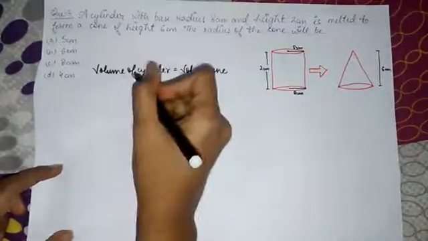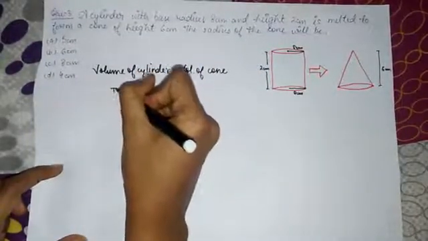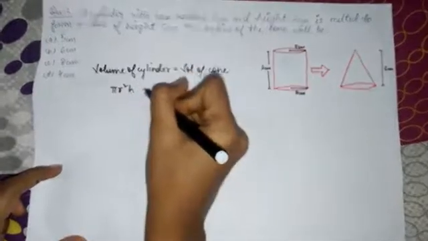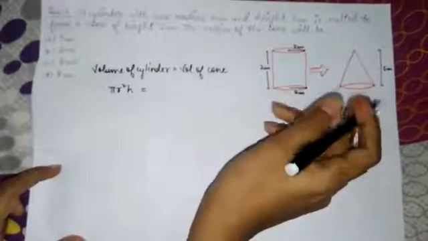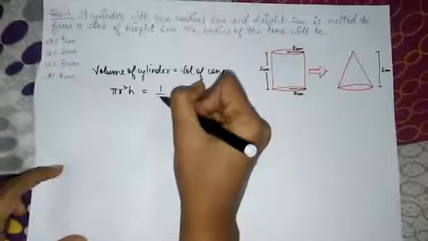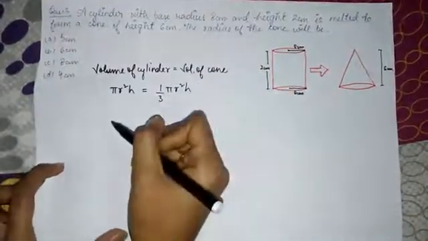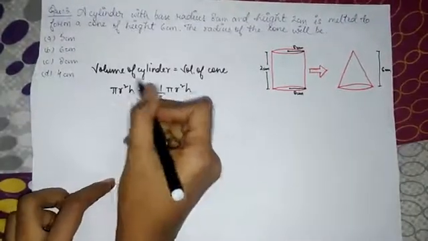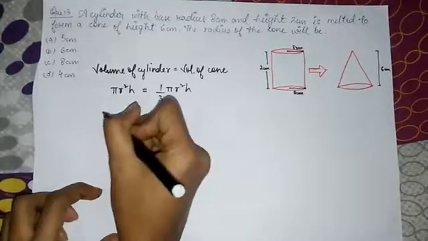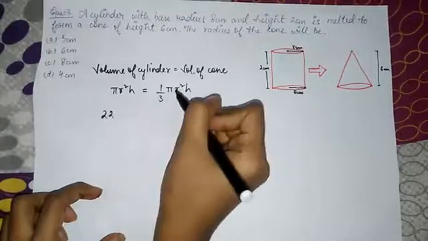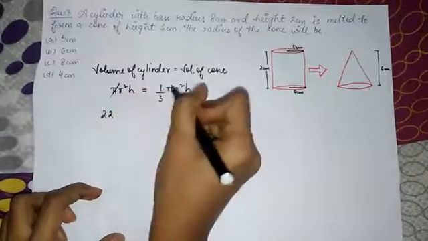So volume of cylinder is pi r square h, which is equal to volume of cone, 1 by 3 pi r square h. So what we can do is just cancel this pi.